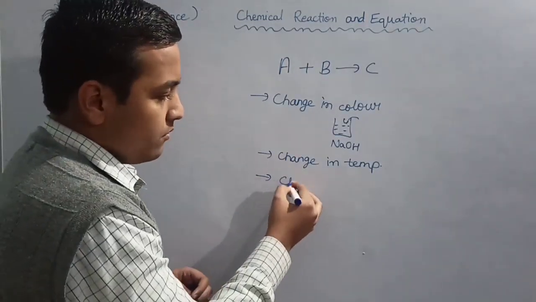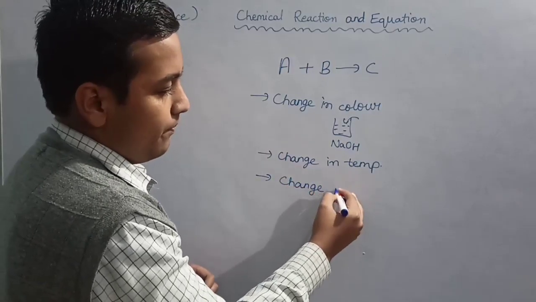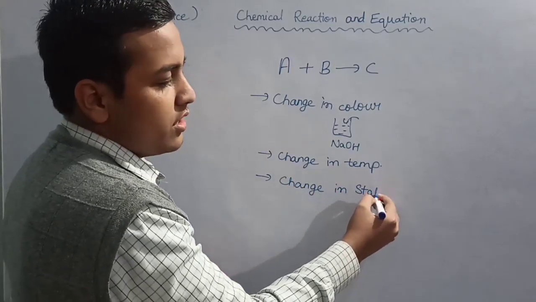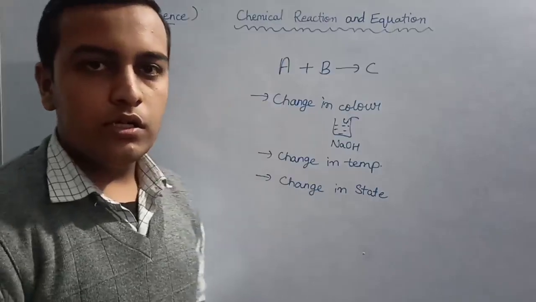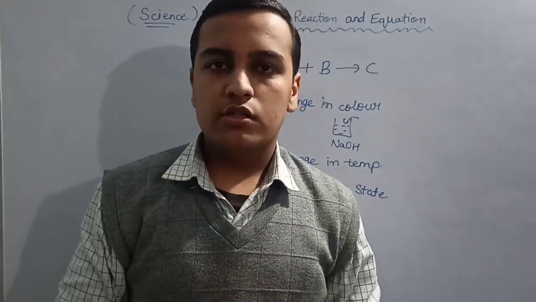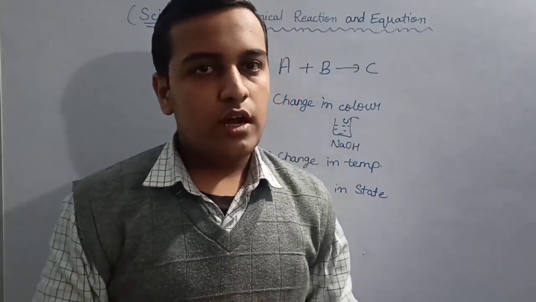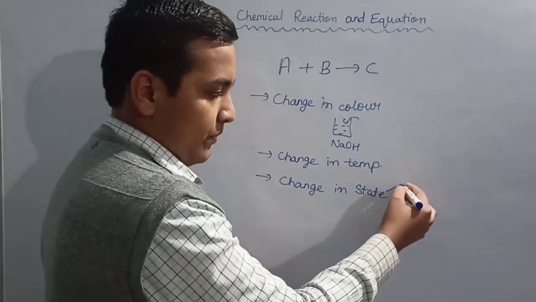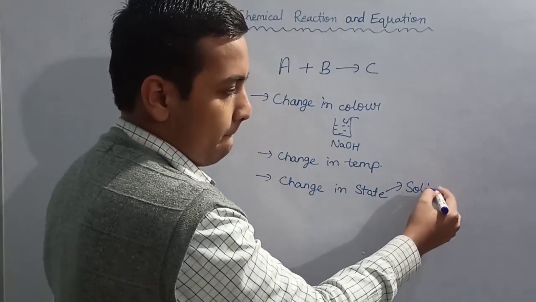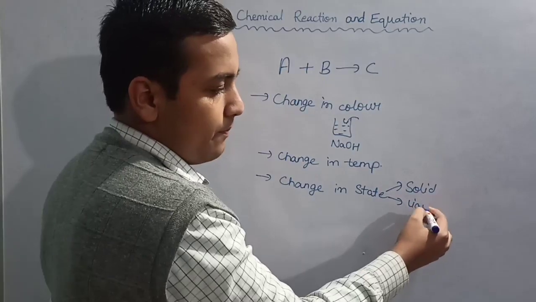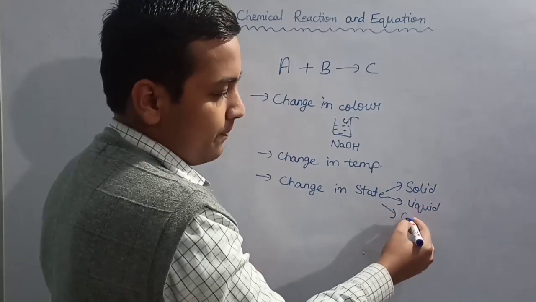Another is change in state. If there is a change in state, then you can say that a chemical reaction has taken place. As we all know, there are 3 major states. First is solid, second is liquid, and third is gas.